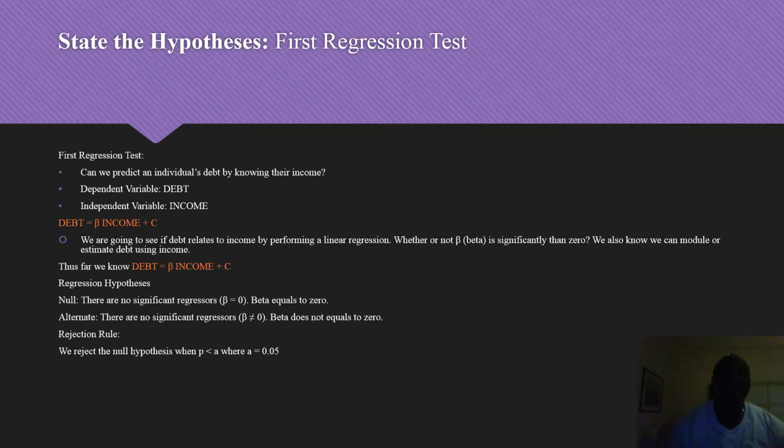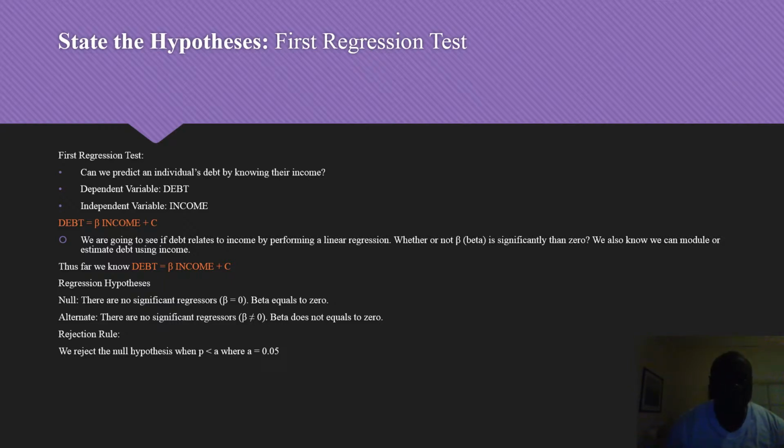State the hypothesis. The first regression we're going to talk about is debt equals beta income plus c. We are going to see if debt relates to income by performing linear regression. Whether or not beta is significantly different from 0, we also know whether we can model or estimate debt using income. Thus far we know debt equals beta income plus c.